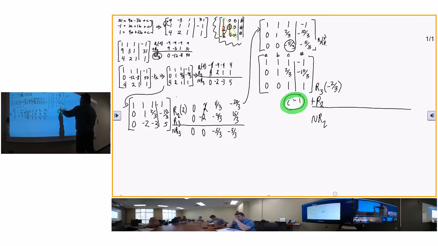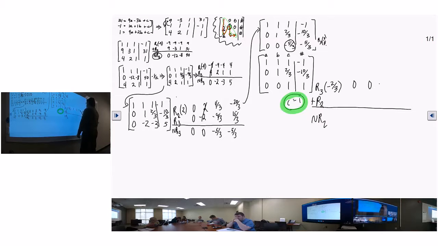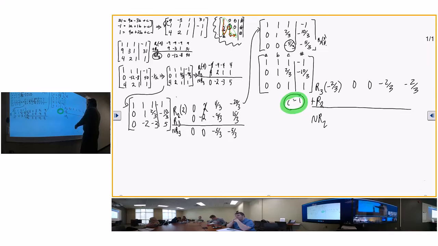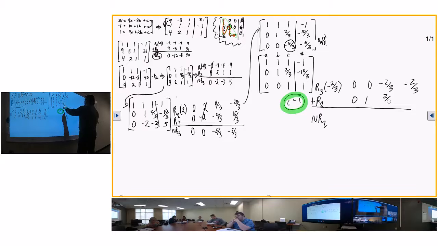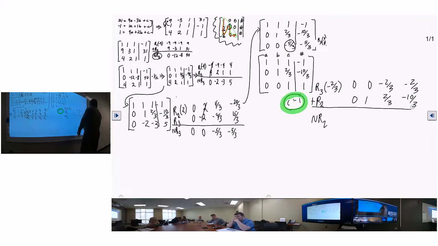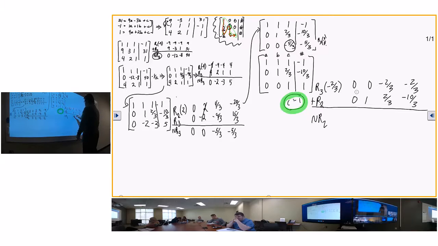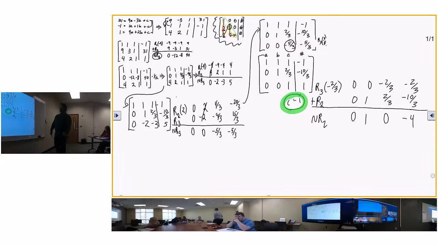So 0, 0, -2/3, -2/3, I'm going to add it to 0, 1, 2/3, and -10/3. Okay, that's going to give us 0, 1, 0. Hold on. Let's see. -12 divided by 3. And that's our new row 2.